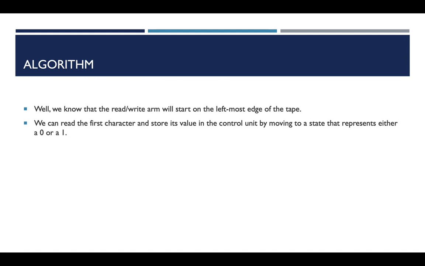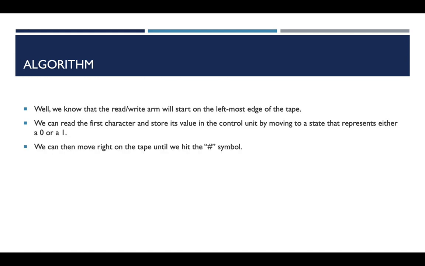If you remember all of the DFAs and NFAs that we've created, even the ones on the midterm, for example, to determine if you see a substring of 0, 0, you can remember what that first symbol was by moving either to a state that is marked as 0 or a state that is marked as a 1.